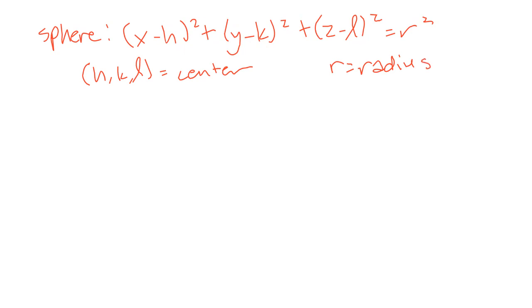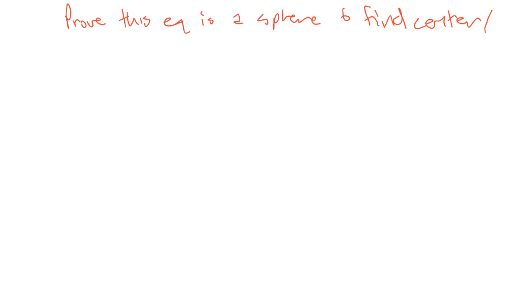We have a few minutes, so I want to do a quick example with spheres. In this example, we are going to prove this equation is a sphere and find the center and the radius.